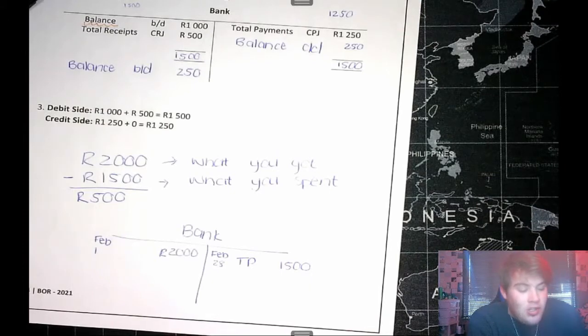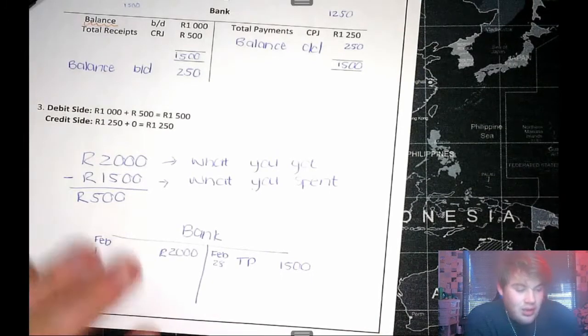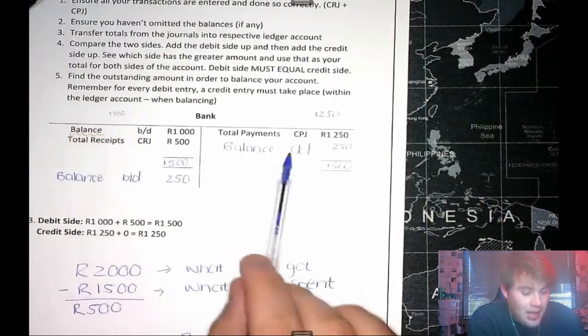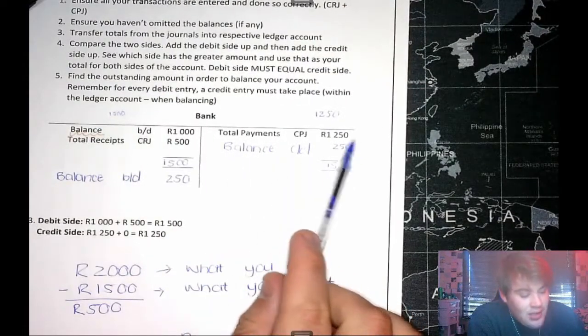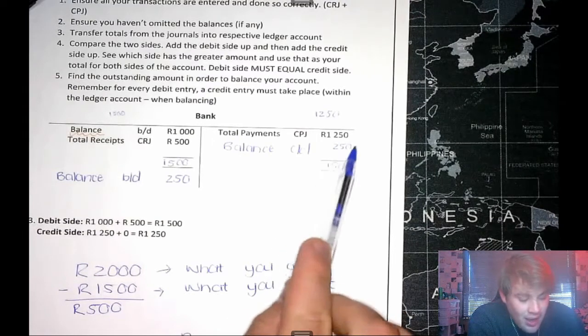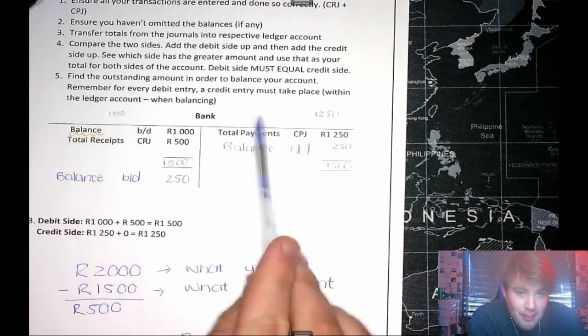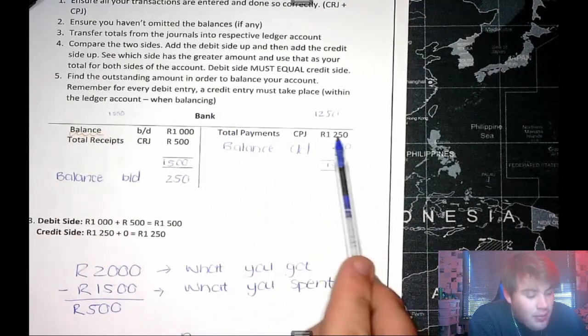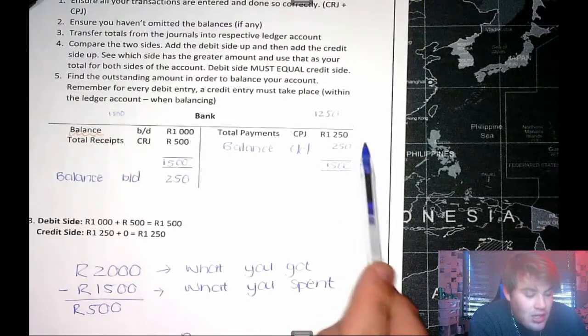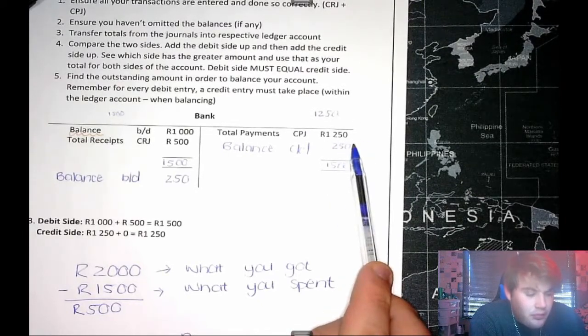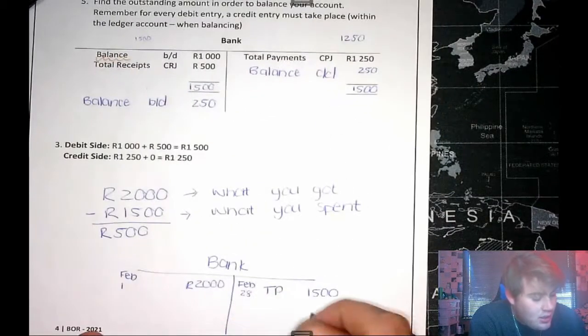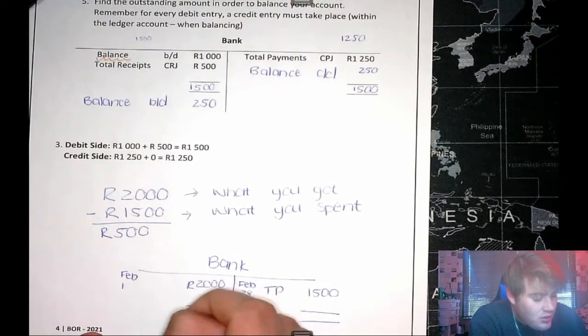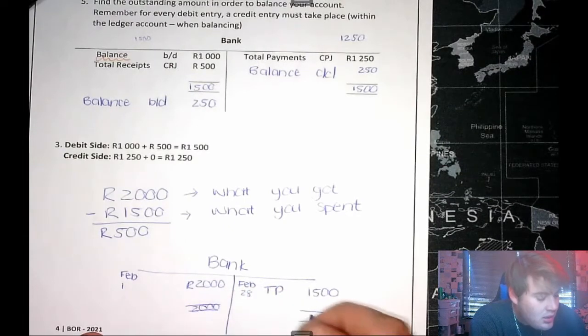So it's the same principle in a business. This balance that we carry down tells us how much we have left, in this case in our bank account. For the 1st of March we would balance our account, so it was 2000, that was the bigger amount.